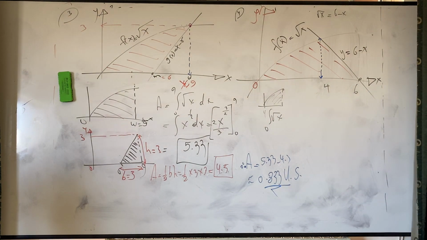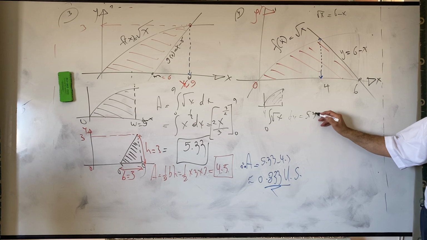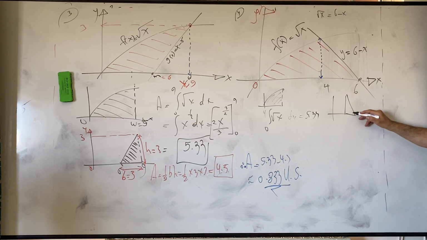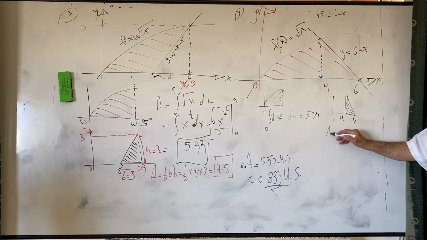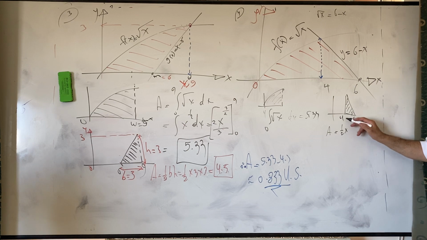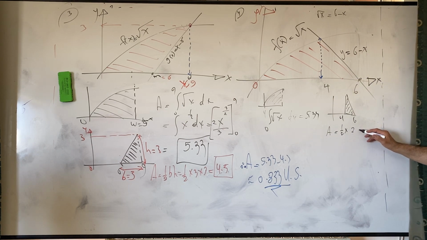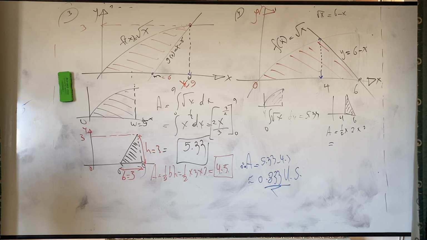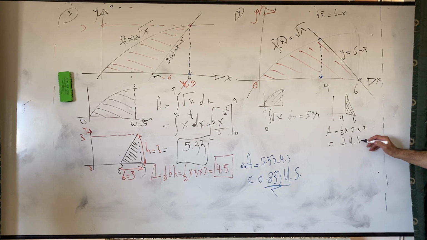And the answer for this will be 5.33. If you find the area of that, from 4 to 6, the area is half times 2. The height is how much? Also 2. So the final answer is basically 2. See, when you don't think, you have to look it up.